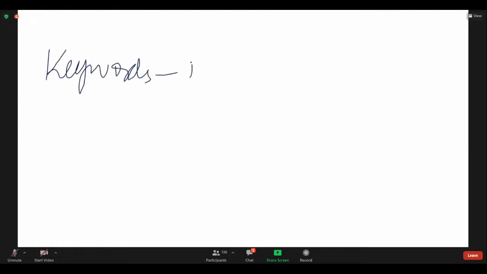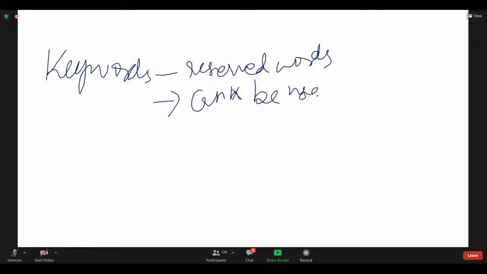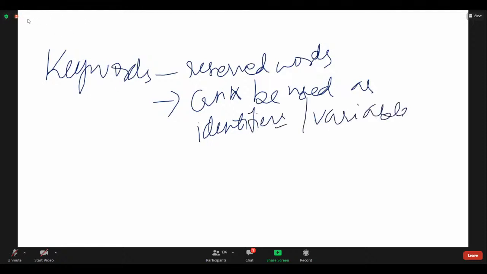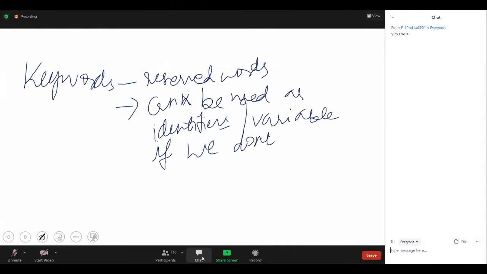So the first point, these are reserved words. Keywords cannot be used, or if you write them differently, can be used as identifiers or variables, if we don't have ambiguity.